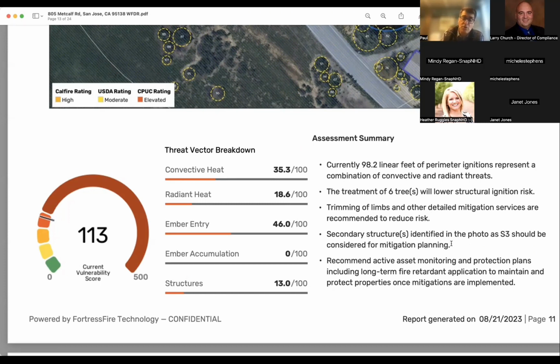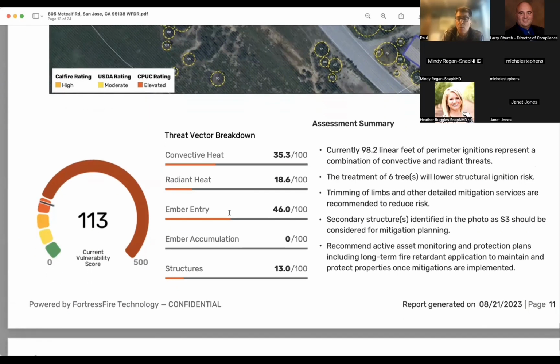And as we'll show you, if you mitigate those 6 trees and mitigate S3, you can bring this score from 113 down to 0, which means that you have reduced the vulnerability of the structure very much in line with the standards of IBHS, and you have a very well protected structure in the event that a wildfire passes.